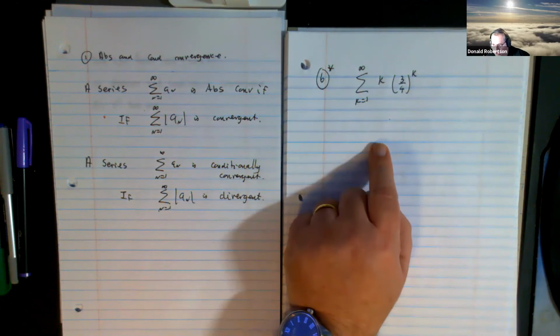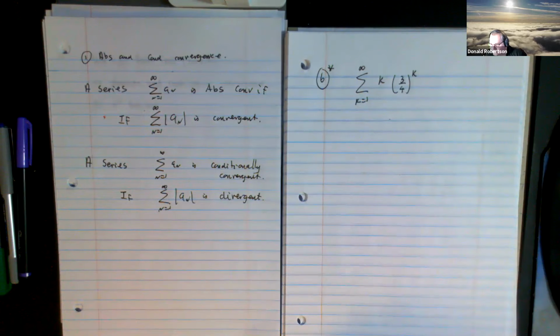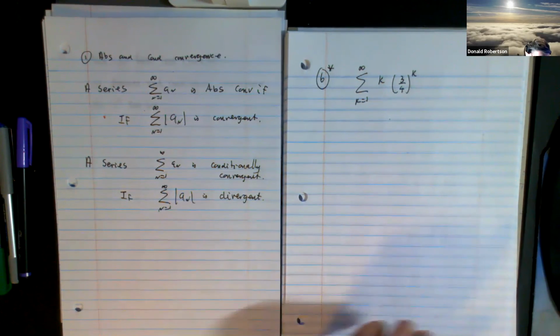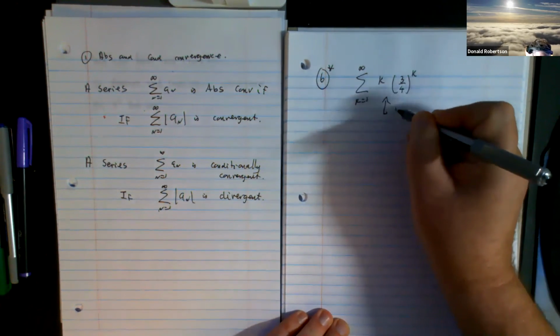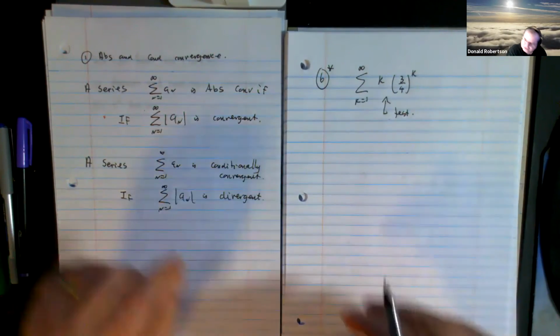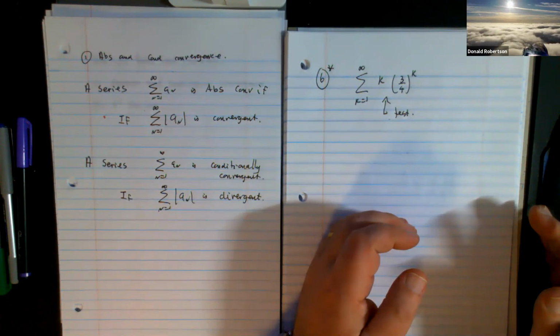Then shouldn't we be looking at what happens when everybody is positive? The problem is, isn't this already everybody positive? Would you agree 3/4 to the power of k is always positive terms? So all I need to do is test this guy. I don't need to test the untouched version and then the version which is all positives.